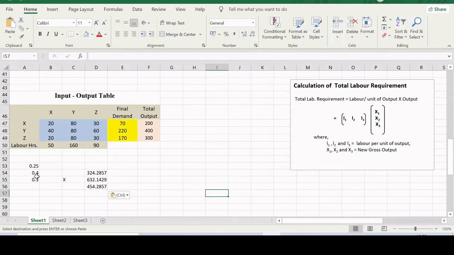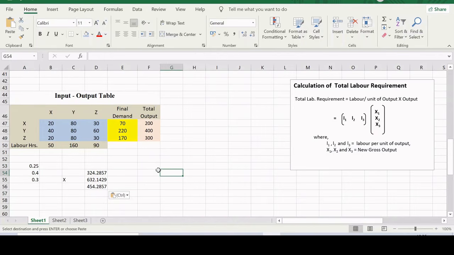We can either find out the transpose of any matrix and then multiply, so that after multiplying the two matrices, the resulting matrix should be of order 1 by 1, so that we can get the total labor requirement. So I can find out the transpose of this matrix.